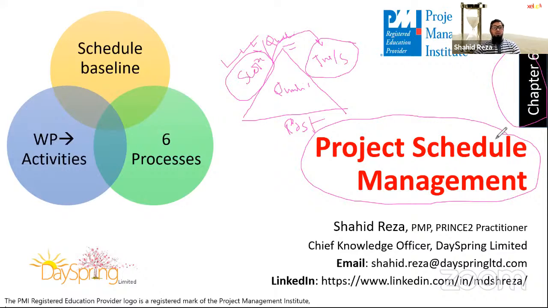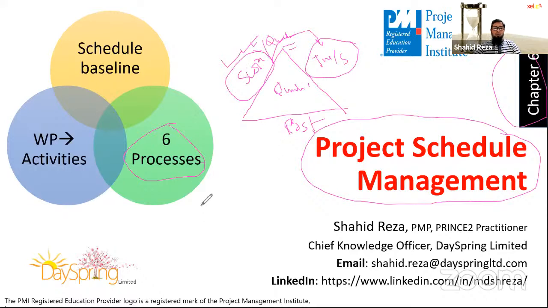All right. So what we'll see is there are 6 processes. Among these 6 processes, 5 are in the planning process group. Planning what we will plan, how much time we need to deliver the scope.